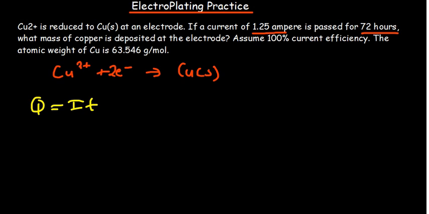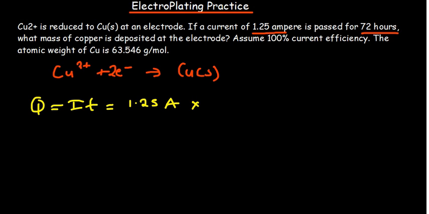Charge is basically the flow of current in a wire, so you're looking at the rate of flow. You're looking at it in terms of a current, and then you've got the time. So charge is a product of current and time. In this case our current has been given to be 1.25 ampere, and the time we've been told is 72 hours.